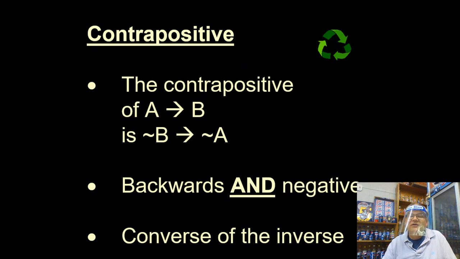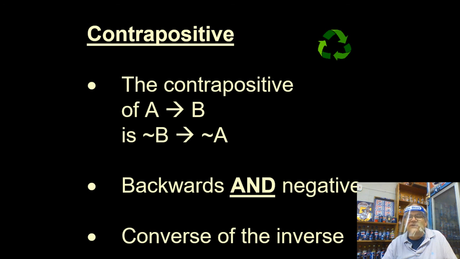The third of the ways that you can screw up an if-then statement is what's called the contrapositive. And of the three, this is actually the one that's the most important. The contrapositive of "if A, then B" is "if not B, then not A."